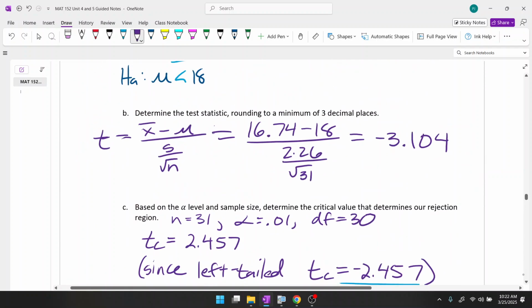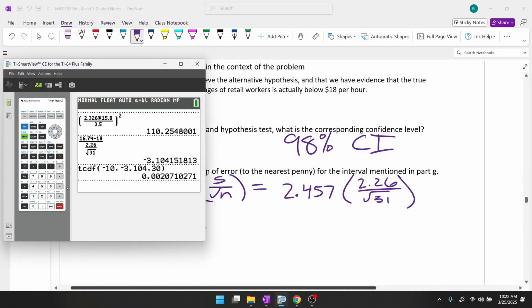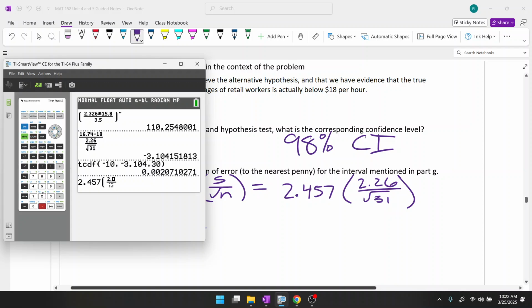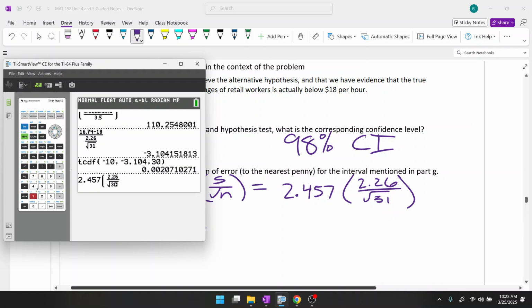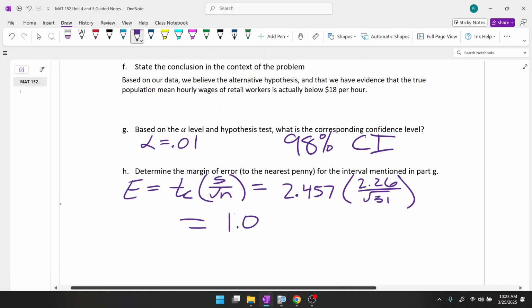And you multiply that by 2.26 over the square root of 31. So yeah, nearest penny means 2 decimal places. So when you do this, wow, it is $1 right on the money.